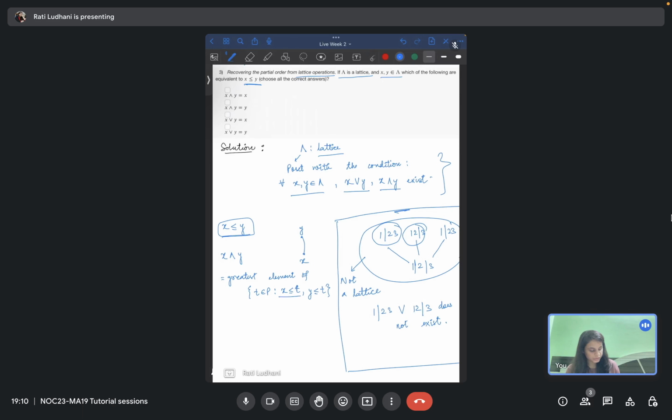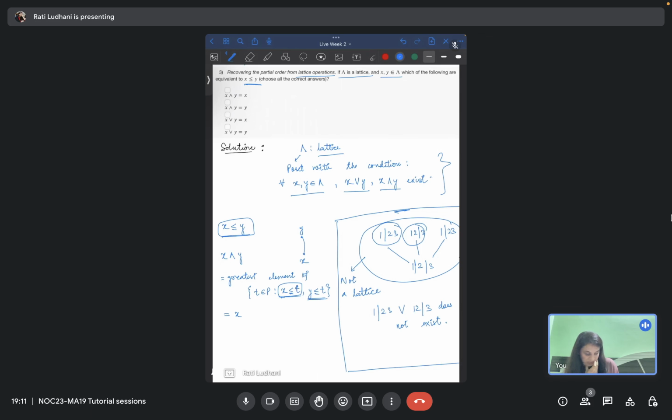So from these two conditions, if y is less than or equal to t, then x is definitely going to be less than or equal to t, because you have this condition. x is less than or equal to y, so this implies x is less than or equal to t.